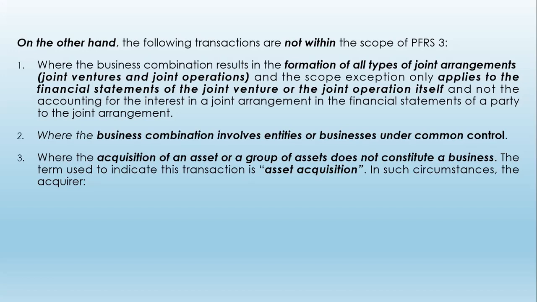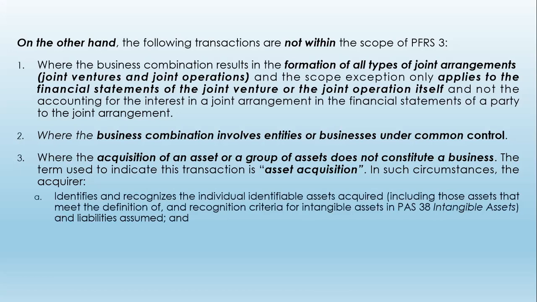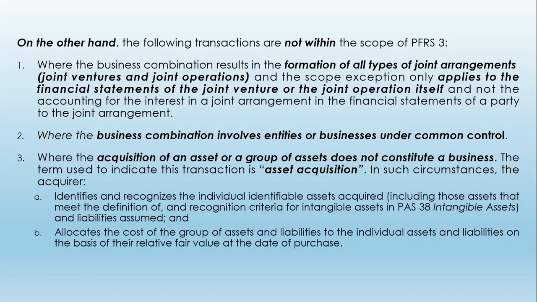In such circumstances, the acquirer identifies and recognizes the individual identifiable assets acquired, including those assets that meet the definition of and recognition criteria for intangible assets in PAS 38, and liabilities assumed, and allocates the cost of the group of assets and liabilities to the individual assets and liabilities on the basis of the relative fair value at the date of purchase. Such transaction or event does not give rise to goodwill.